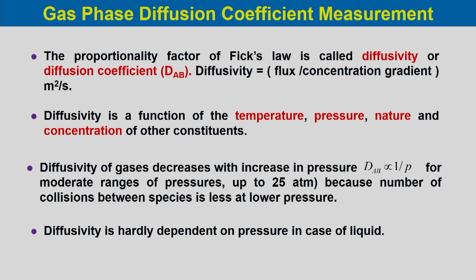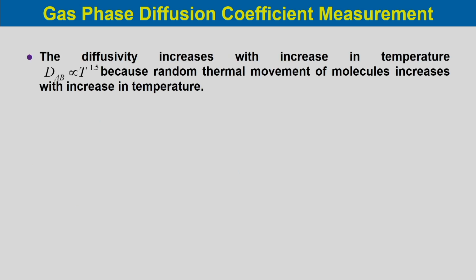So we consider the diffusivity independent of pressure in the case of liquids. Regarding the relation with temperature, diffusivity increases with increase in temperature, and DAB is proportional to T to the power 1.5. This is because the random thermal movement of the molecules increases with increasing temperature.